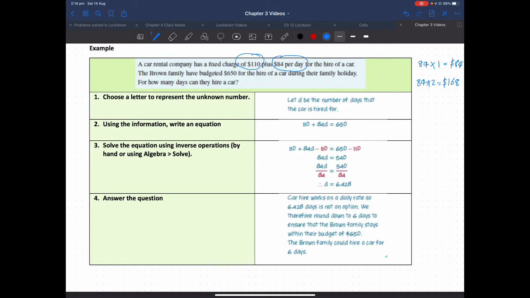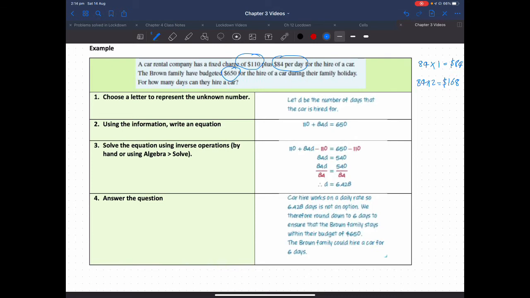So we have a part that doesn't change, the 110, and we have a part that changes depending on how long you have the car for. The Brown family has budgeted $650 for the car hire during their family holiday. For how many days can they hire a car?